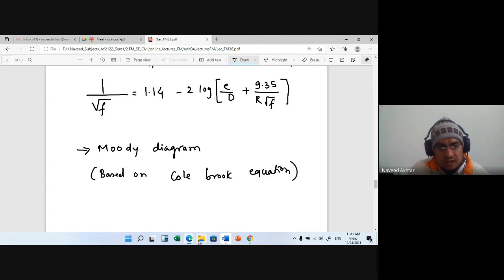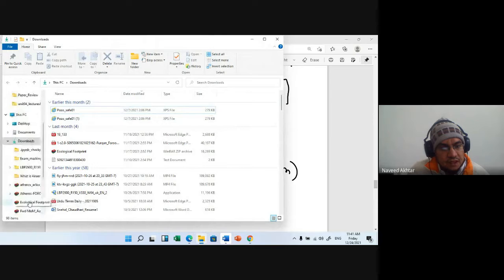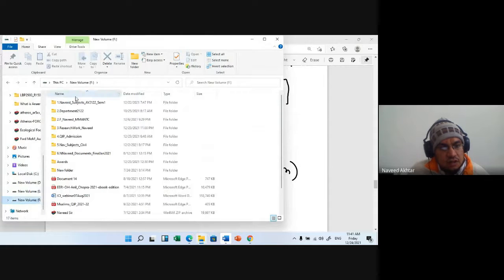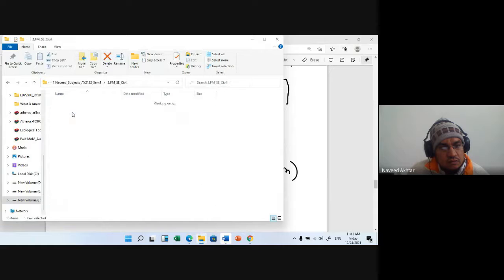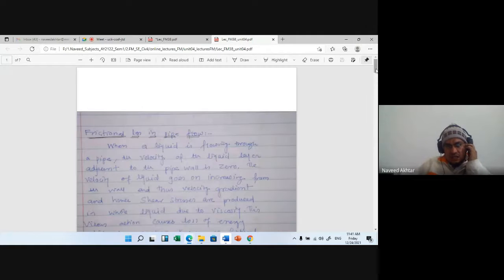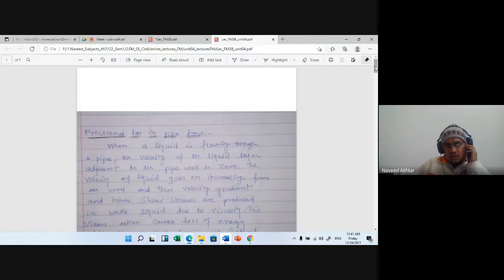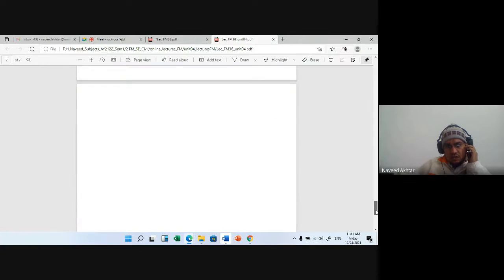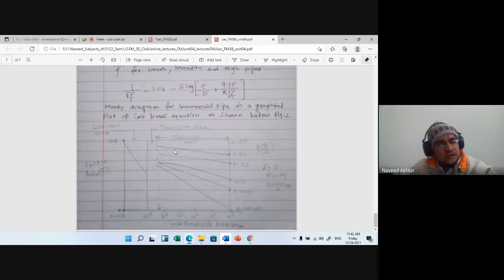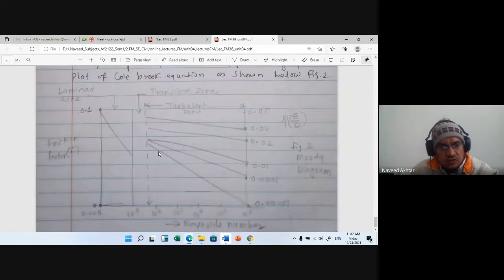I will open that sheet. You can see this diagram is visible, I think.